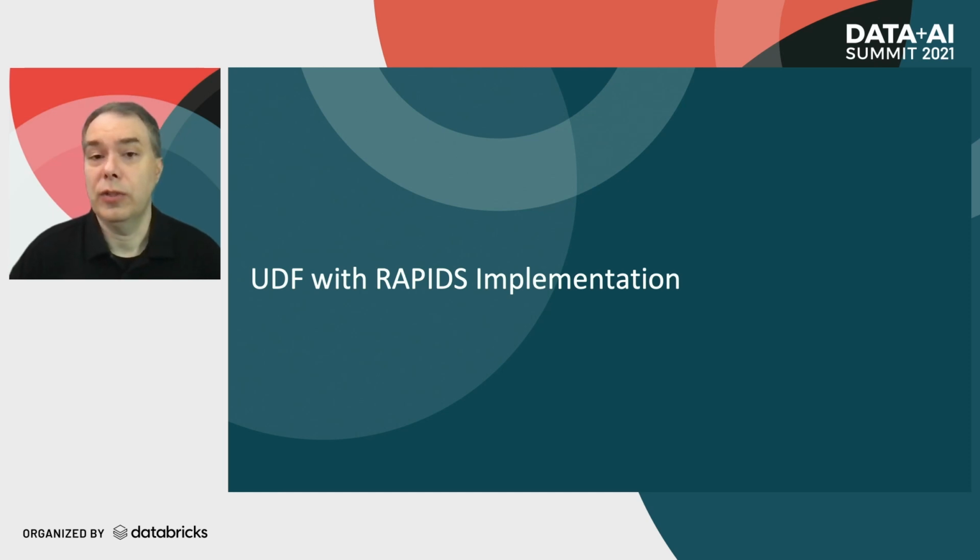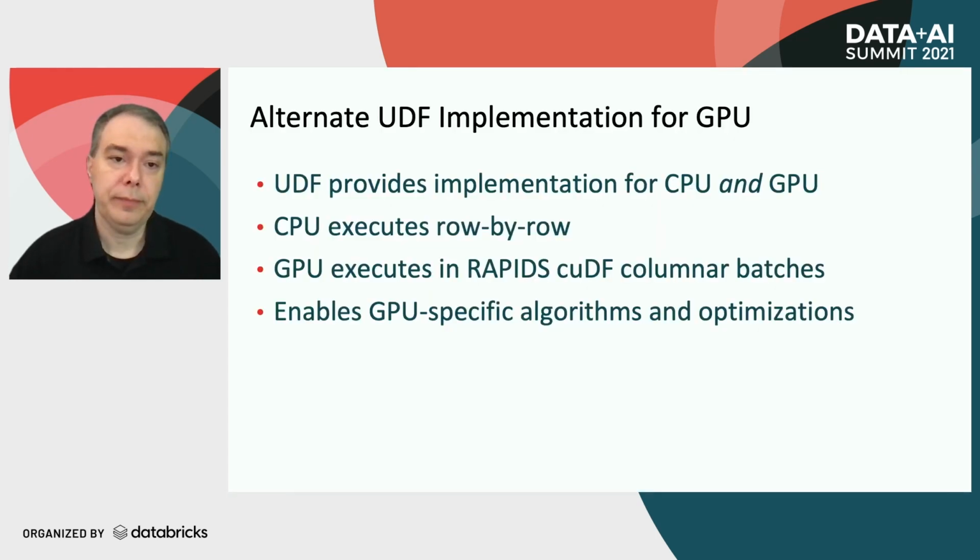What is another solution? Another one could be a UDF with a RAPIDS implementation. And what do I mean by that? I mean a case where a UDF can provide an implementation for the CPU and for the GPU. The CPU version would obviously execute row by row as it does today. The GPU version, though, could execute in a columnar form using RAPIDS cuDF columnar batches.